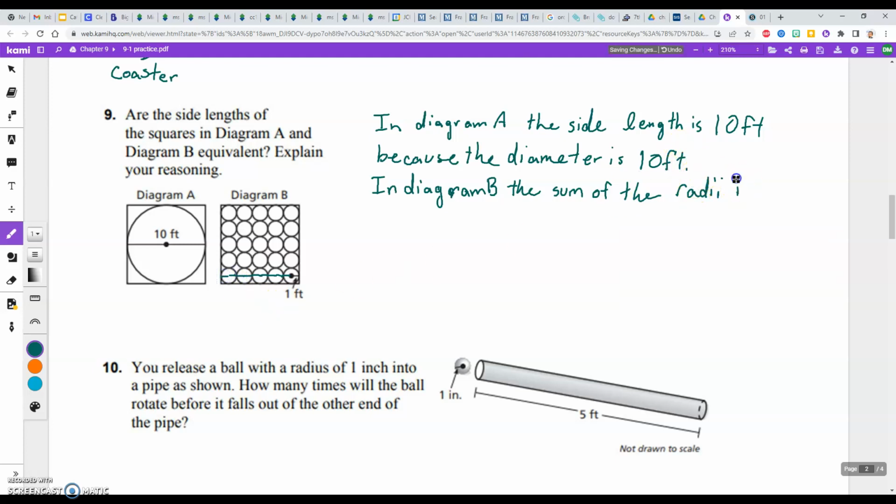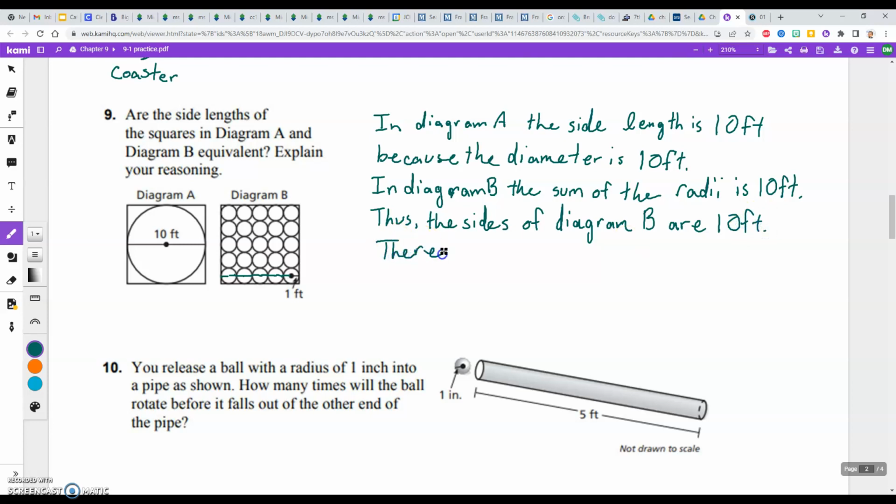So the sum of the radii is 10 feet. Thus, the sides of diagram B are 10 feet. Therefore, the side lengths are equivalent.